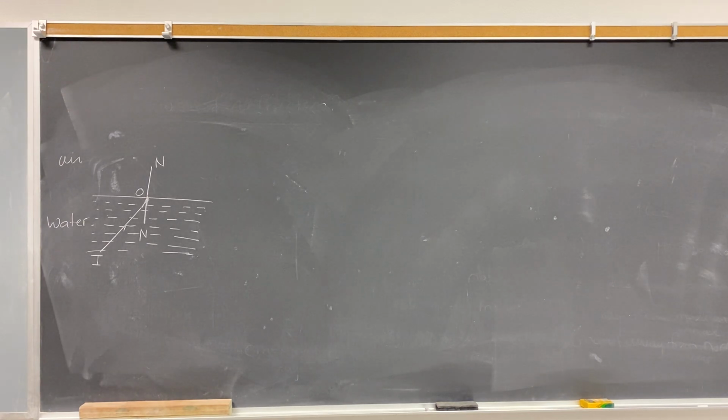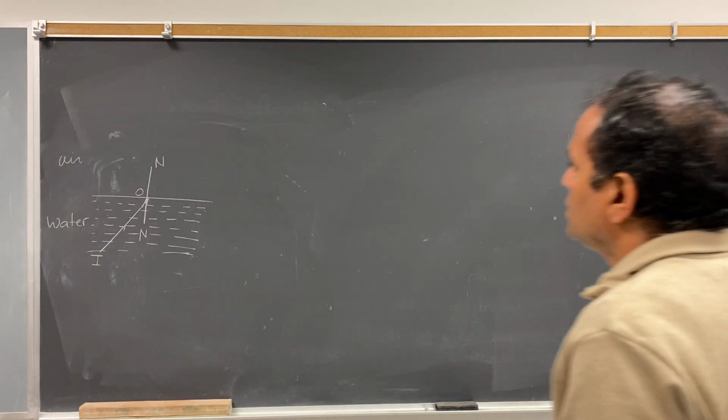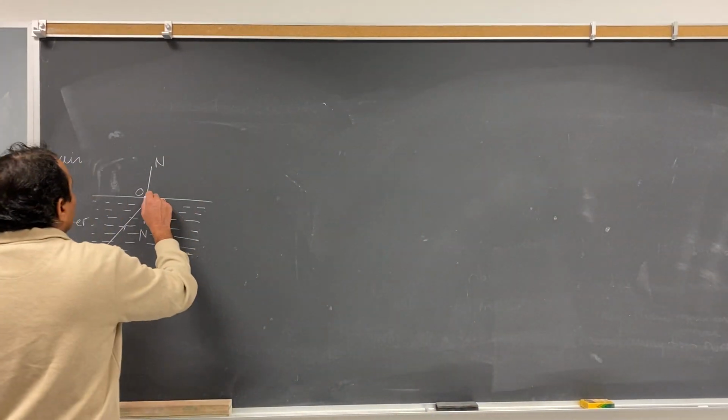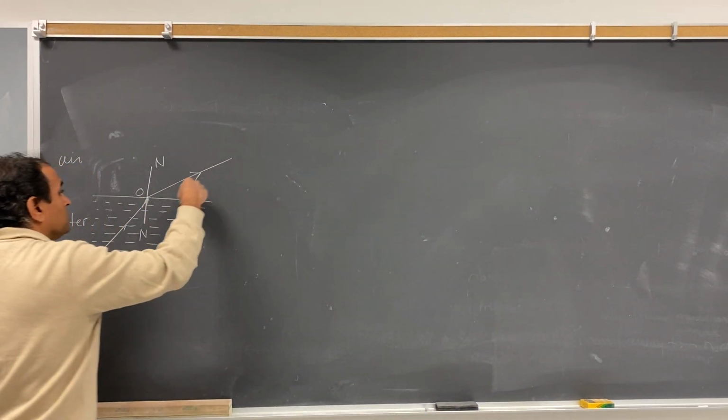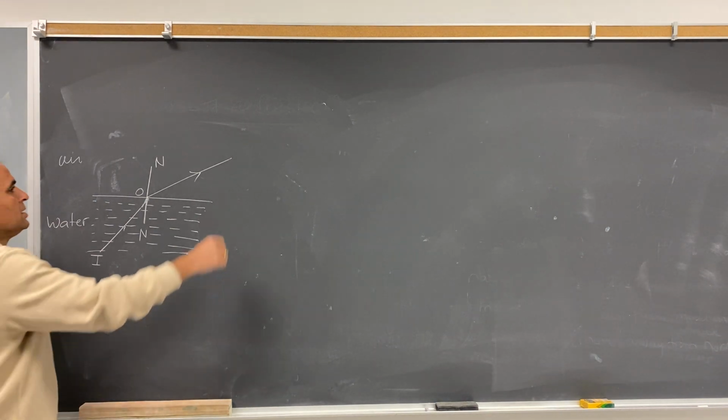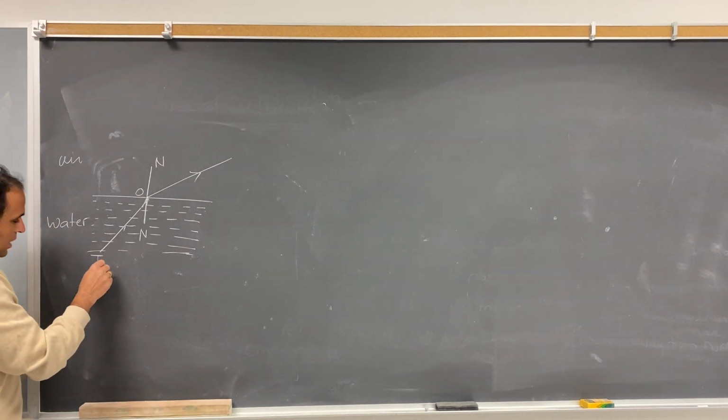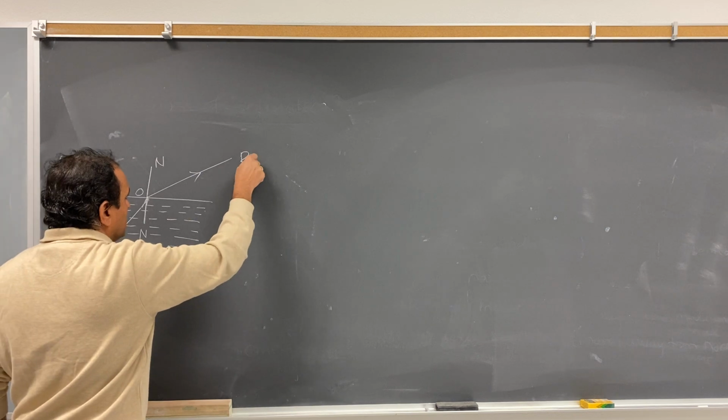So what happens in this case? I told you that the ray bends away from the normal, like this. Let me call this I1 OR1.